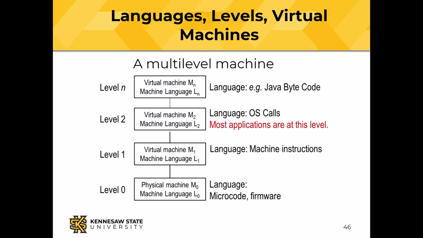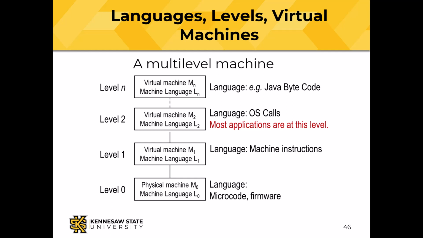That machine language might be microcode or built-in firmware. At level 1, we have machine instructions. This is where the operating system lives. So I have a virtual machine, M sub 1, this is the machine that runs the operating system, and a machine language L sub 1, machine instructions. One level up, the language's operating system calls, mixed in with those machine instructions, and most applications are at this level.